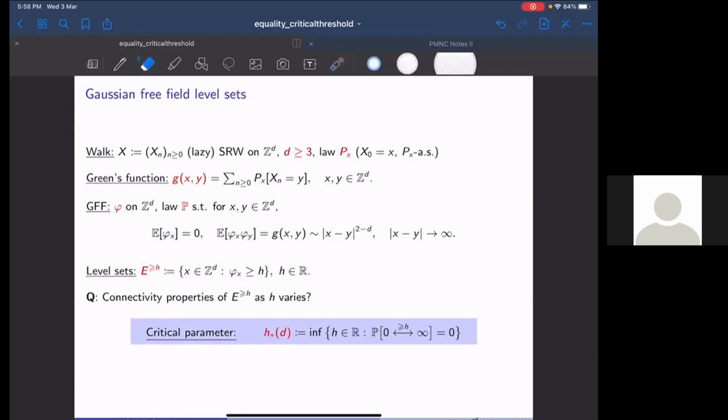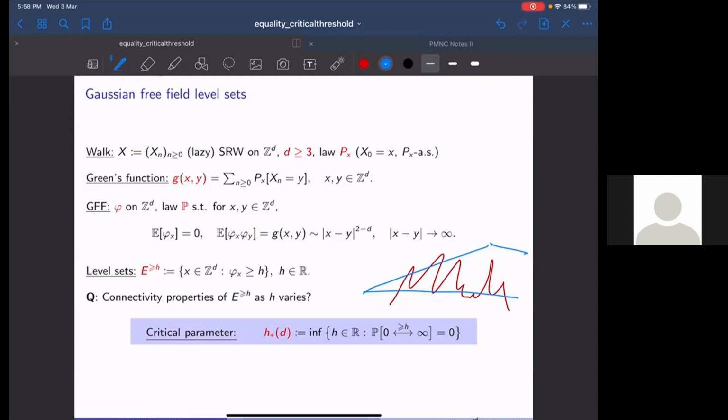If you think of some kind of landscape of the field, what you do is cut through it by a horizontal plane, and just look at the points where you have peaks above the plane. Those are the points that define a random subset of your lattice or the underlying graph.